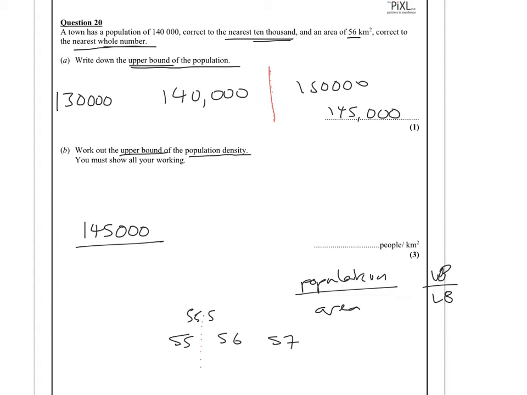So we're going to divide this by 55.5, and the upper bound for the population density is 2,612.612613. Now, because we're dealing with people, I'm going to round this to the nearest whole number, so that's 2,613.